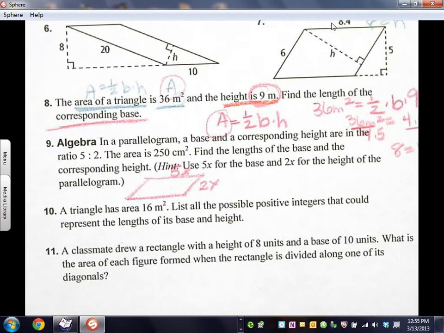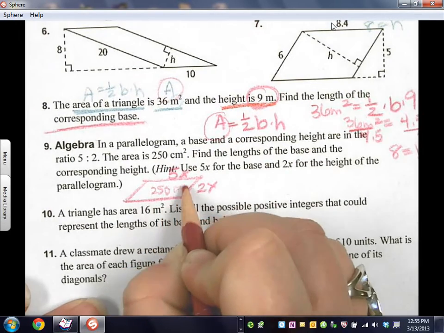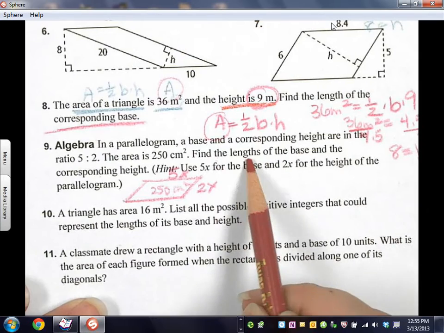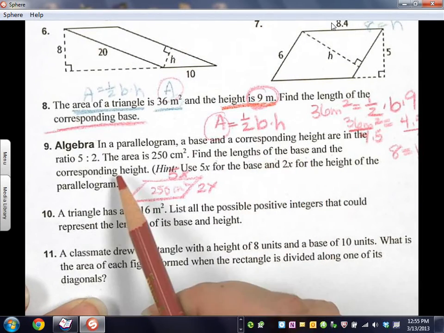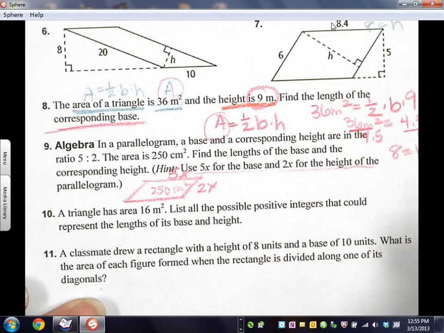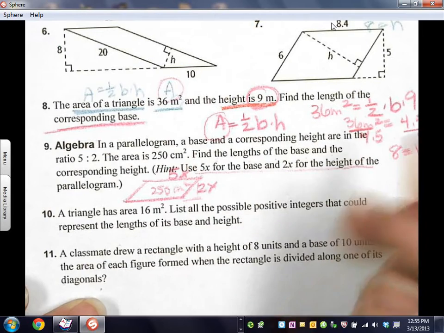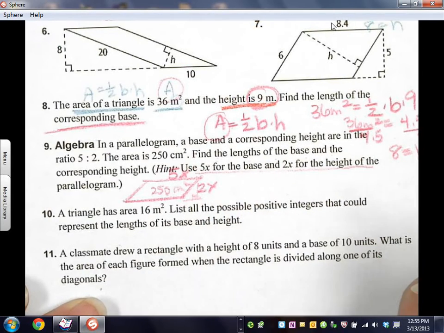They're in a ratio. The area is 250 centimeters squared. Find the lengths of the base and the corresponding height. And it gives you a hint here. Make sure that looks like a height. We didn't draw the right angle.